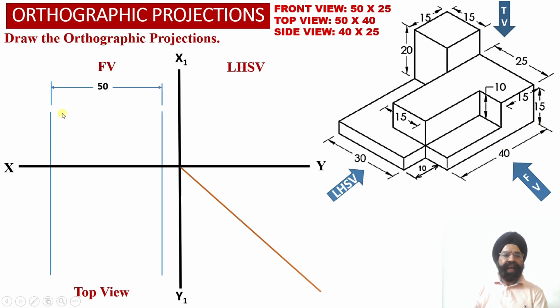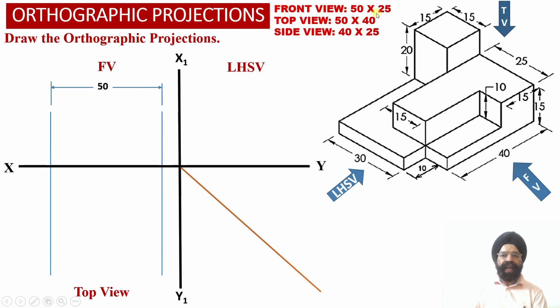And these two vertical projector lines we have appropriately extended into the top view projections as well, because in the top view projections also we are going to require the width of the solid equal to 50 millimeter.